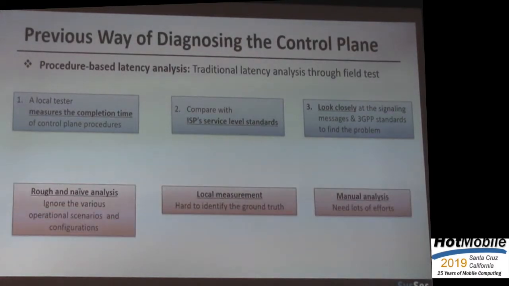In our work, we argue that these analyses have several limitations. First, they ignore the various operational scenarios, so they easily lead to wrong analysis results. Second, they rely on local measurement, so it is hard to identify the ground truth for the measured latency. And lastly, they need lots of effort for manual analysis in examining the many generated control plane messages.